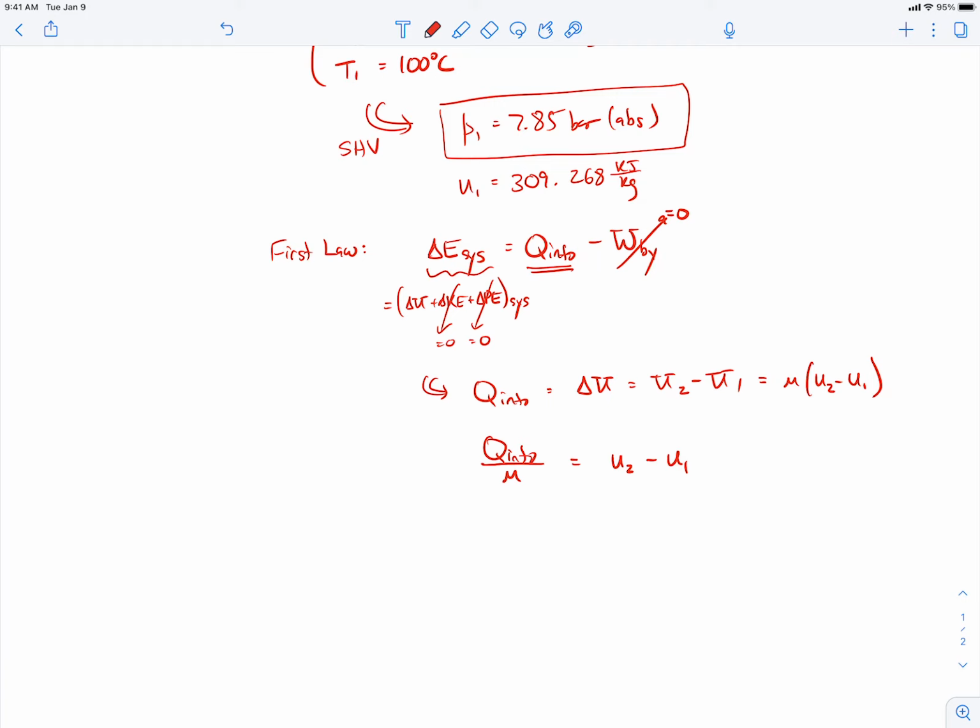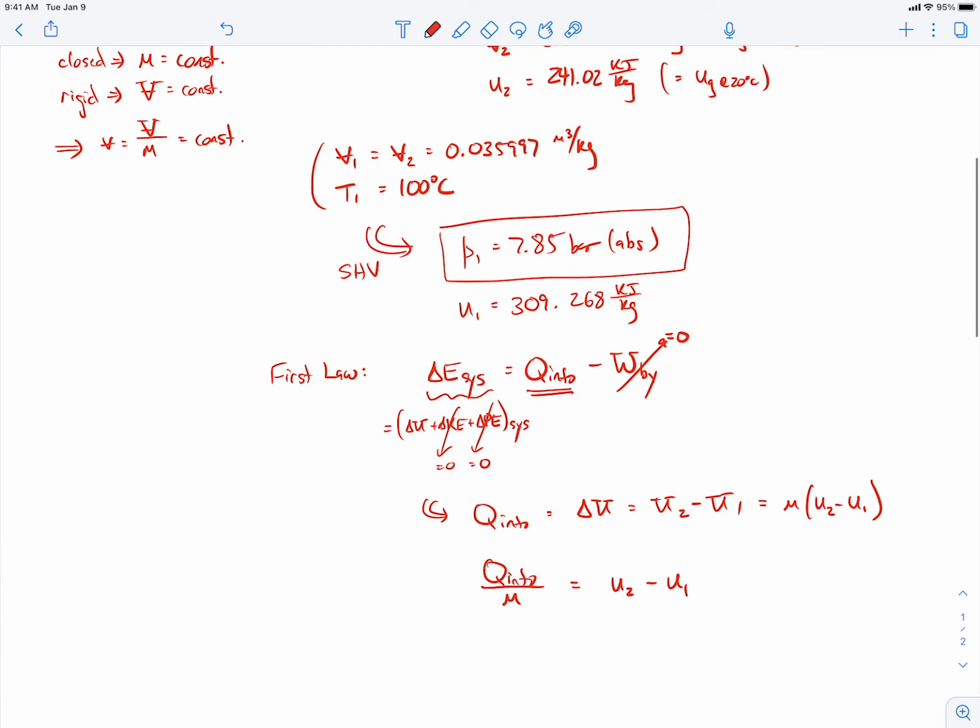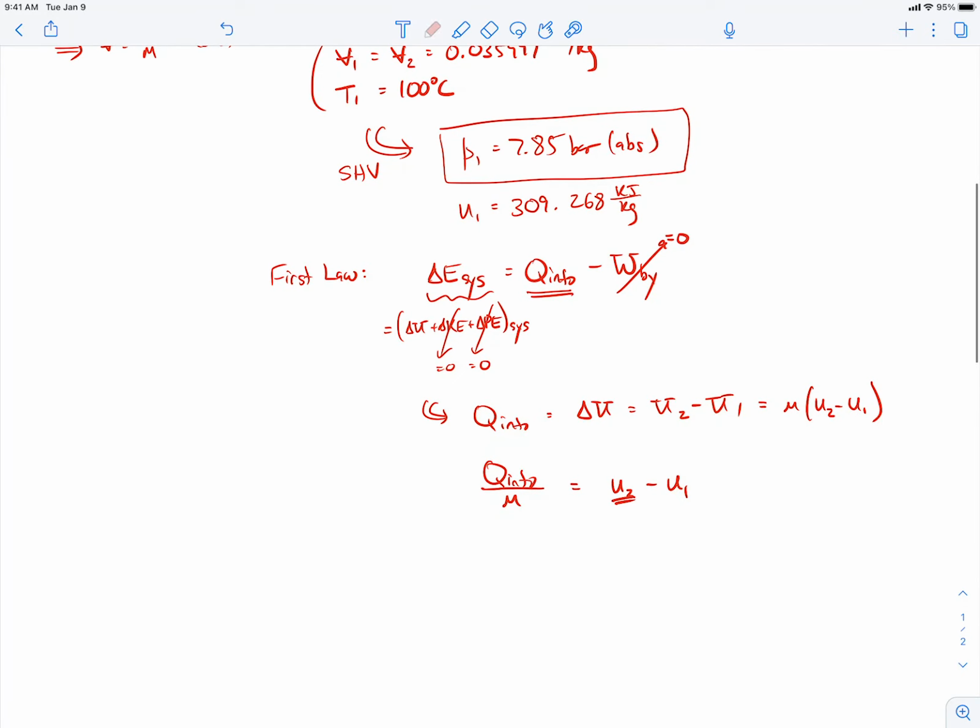Okay. Well, we've already calculated these values, right? The U2 value is given right up here, and the U1 value is given right here. So we can plug those in. We would find that the heat transfer into the system per unit mass would be minus 68.2 kilojoules per kilogram.